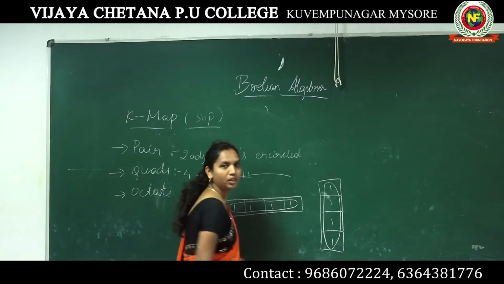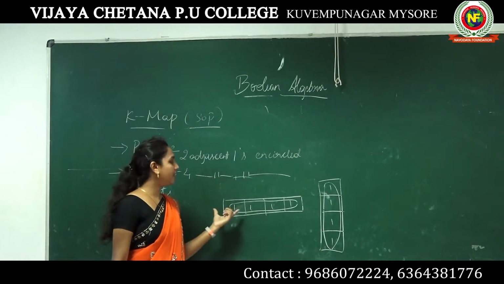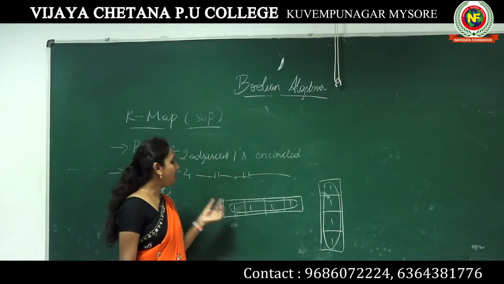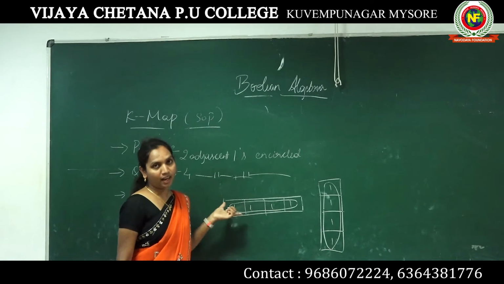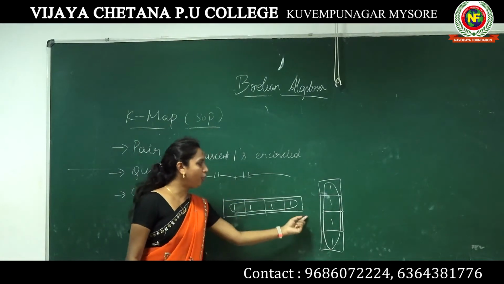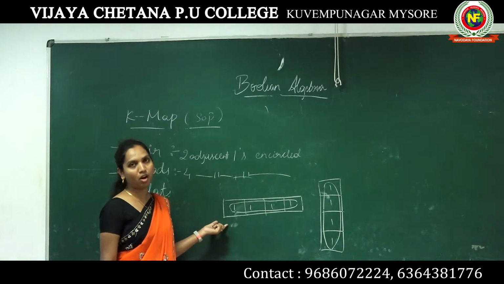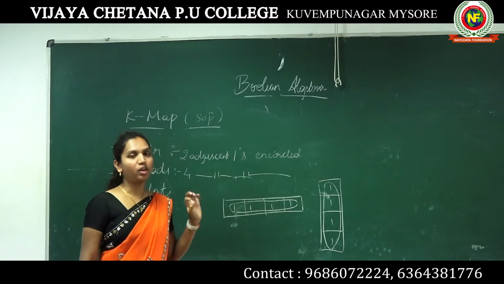If vertical, you represent it this way; if horizontal, it looks like this. So if 4 ones are together, you call it a quad. It may be in a vertical form or in a horizontal form. So that's called a quad.